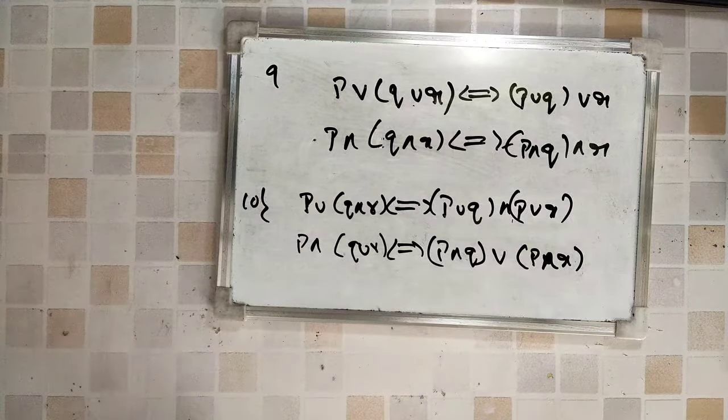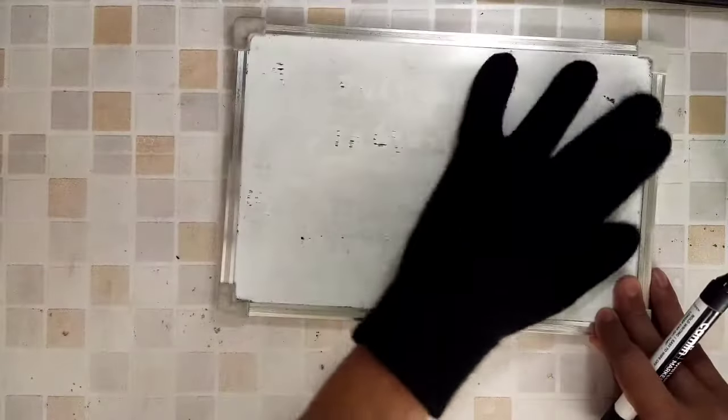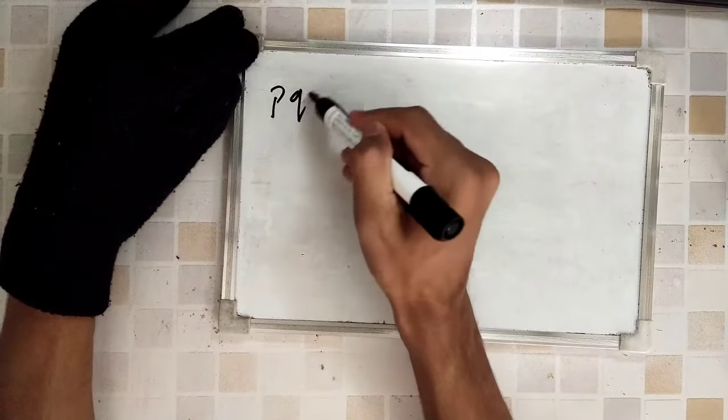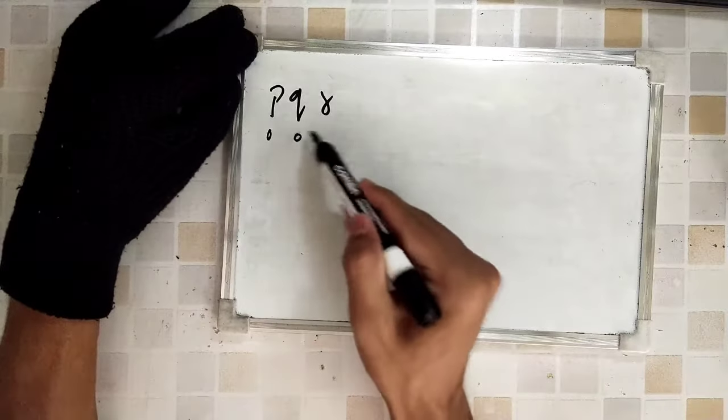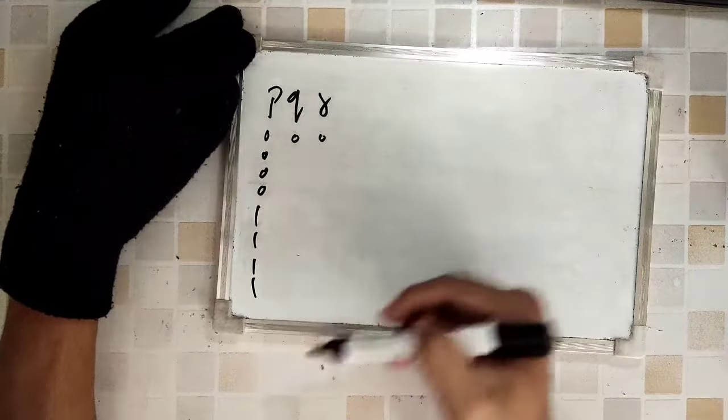So these were our 10 laws of logic. Actually I just showed you the logic laws here, but you have to actually prove this also. You have to take the truth table P Q R, whole thing 0 0 0, that 8 rows are there, the full whole value.